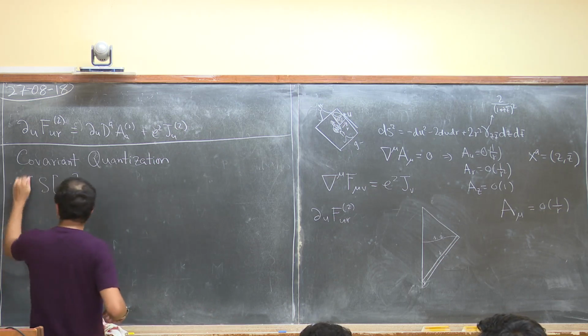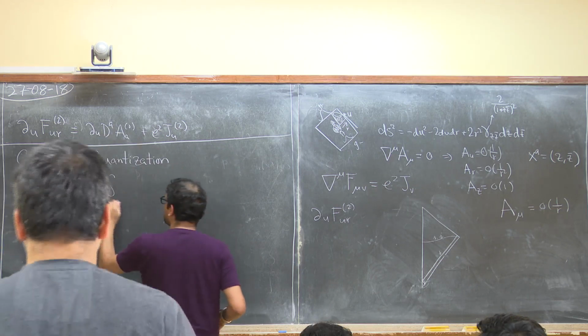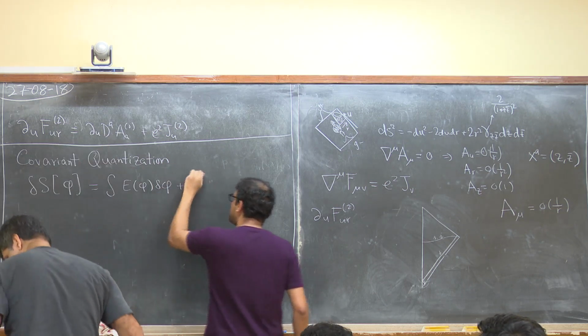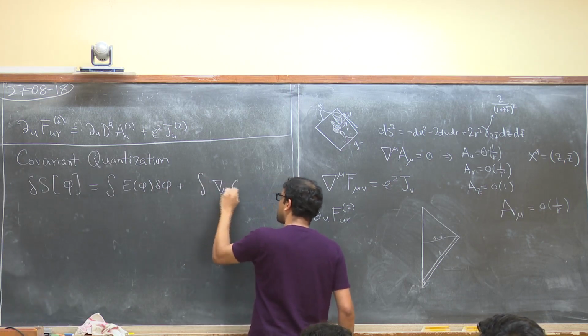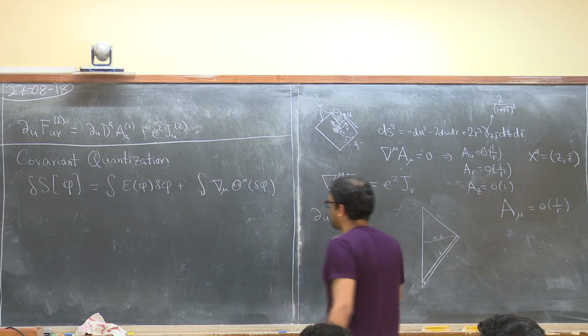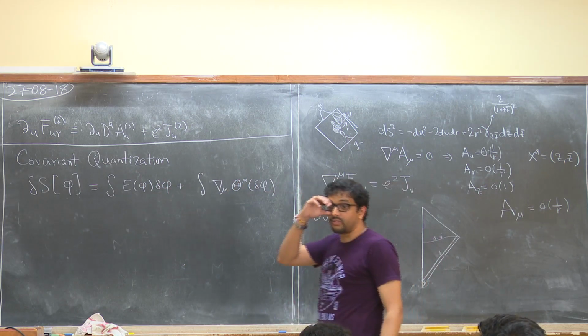And then, as we know, we vary the action to find the equations of motion, and it always takes the form E phi. So when I vary it, it's always of this form.